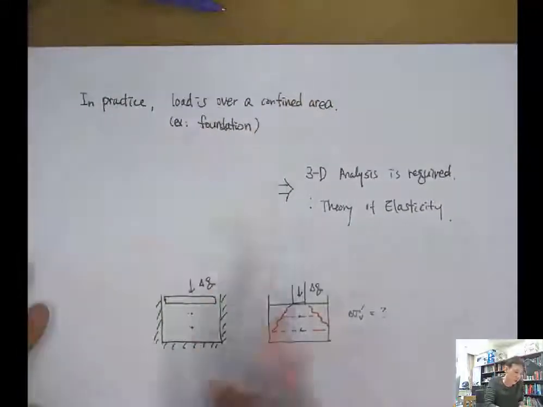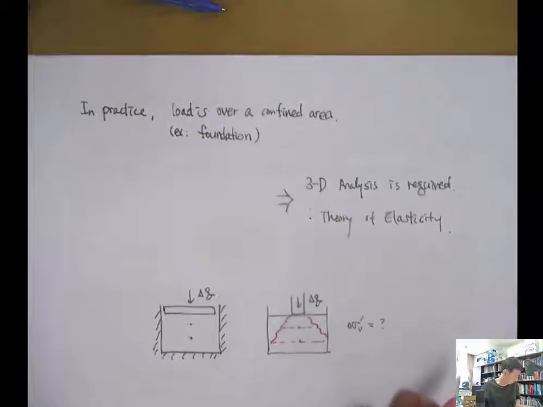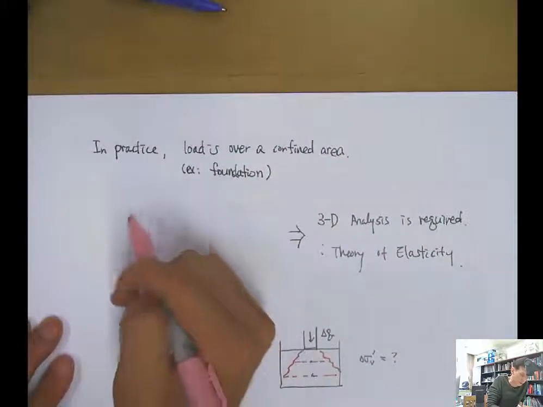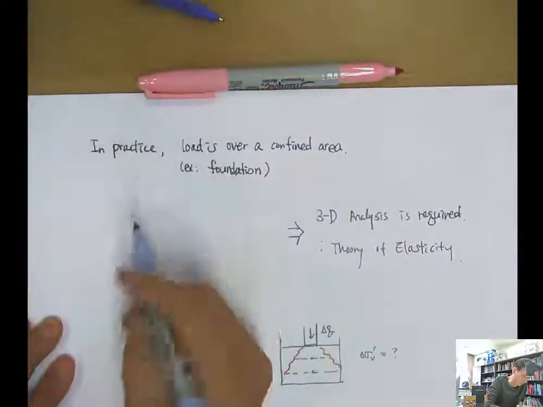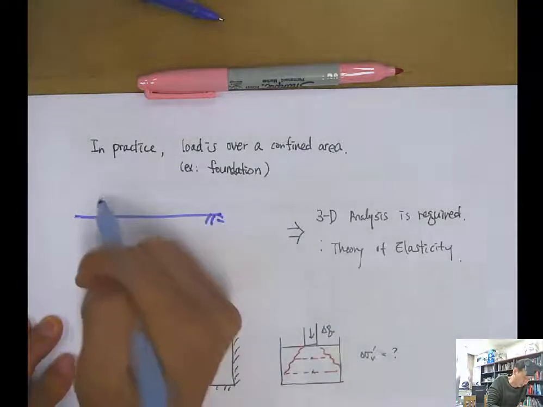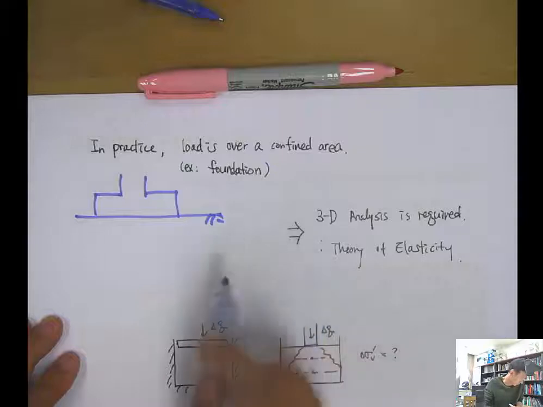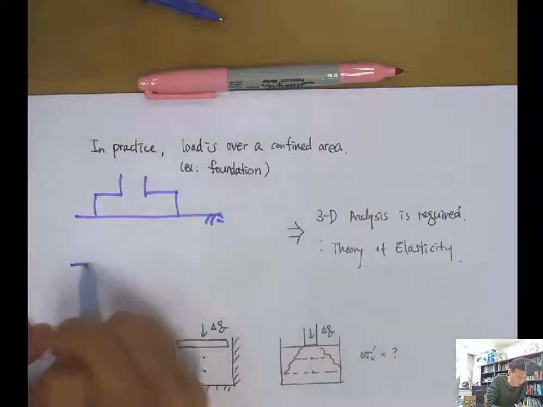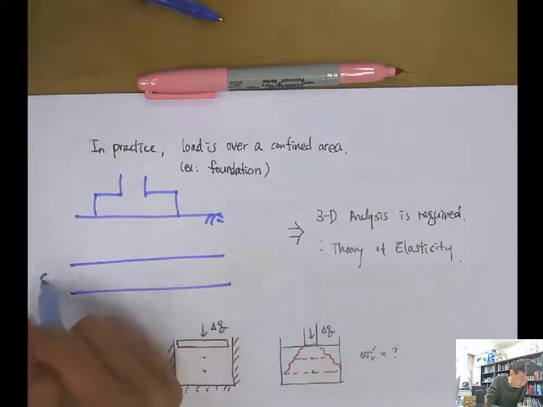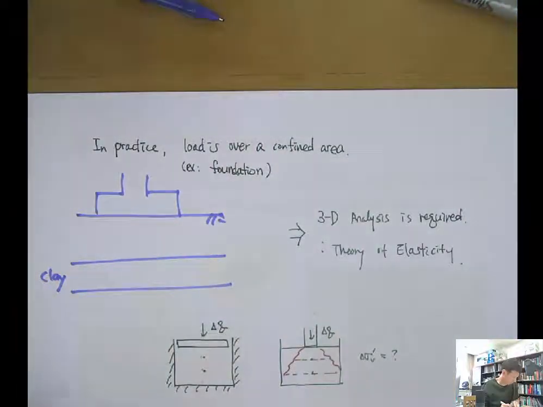But in practice, the load is over a confined area. This is the ground surface, and you have a foundation sitting on a confined area. This is the clay layer, which is compressible.